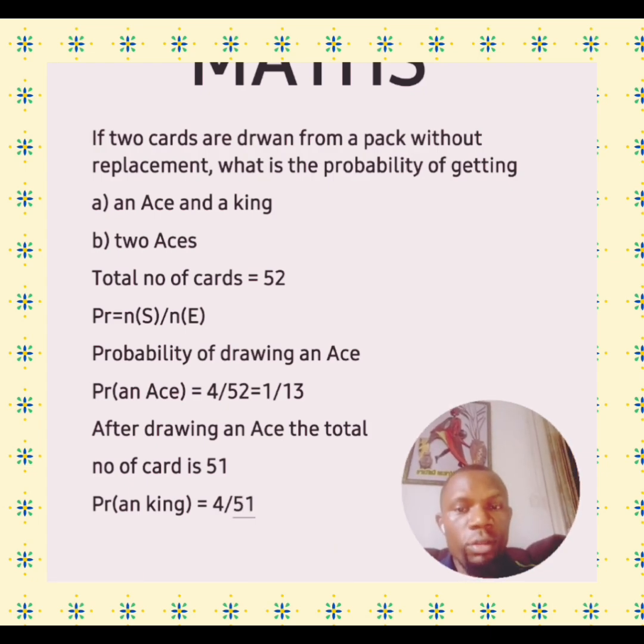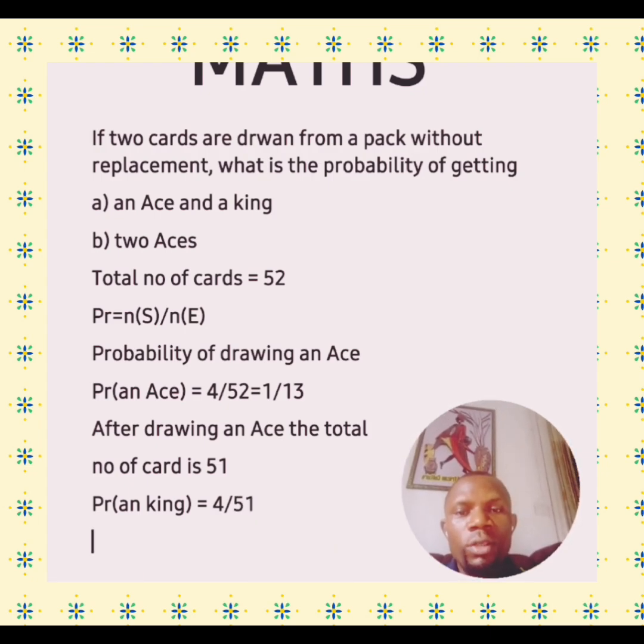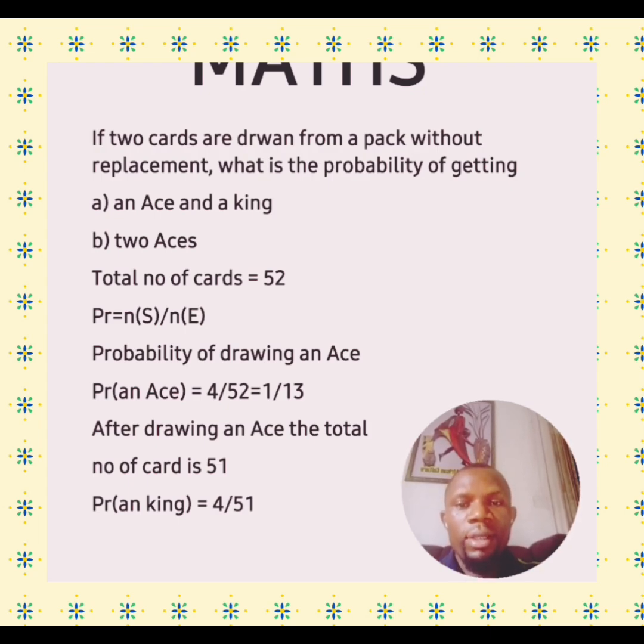It will reduce, like I've said earlier. So this is the probability of drawing a king, which is 4 divided by 51.